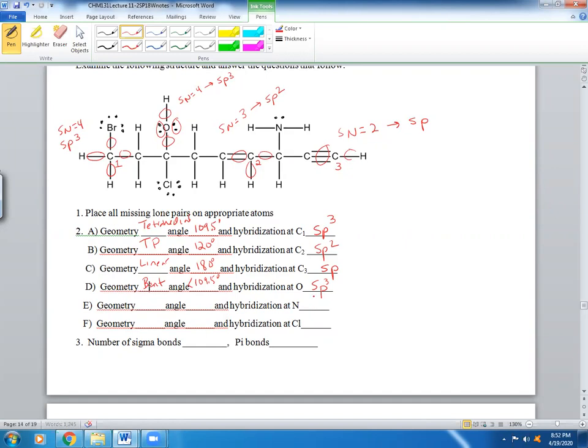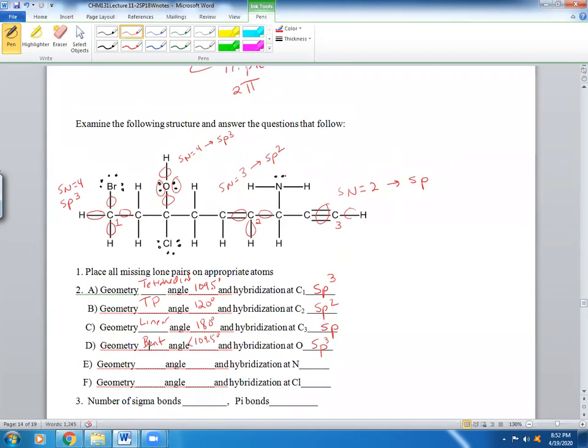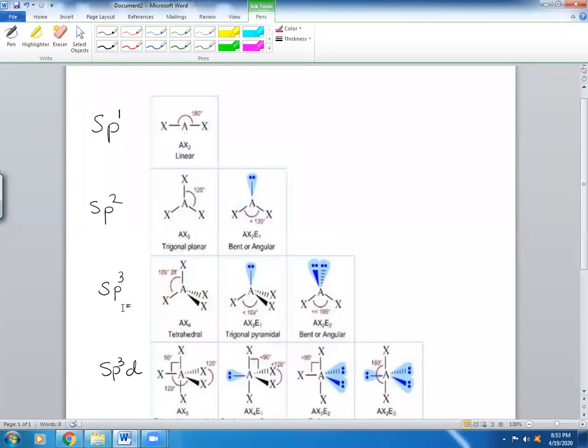Hybridization at N, right here. 1 domain, 2, 3, and 4. So that's sp3.